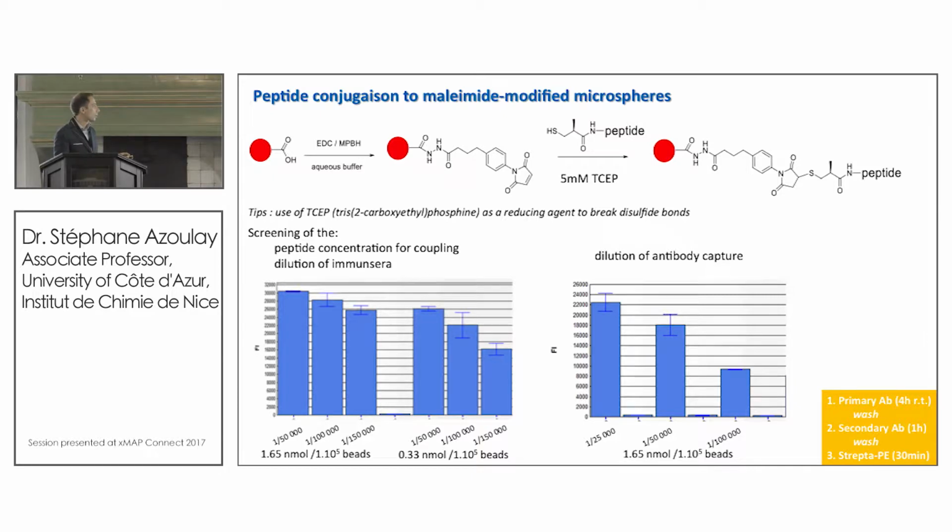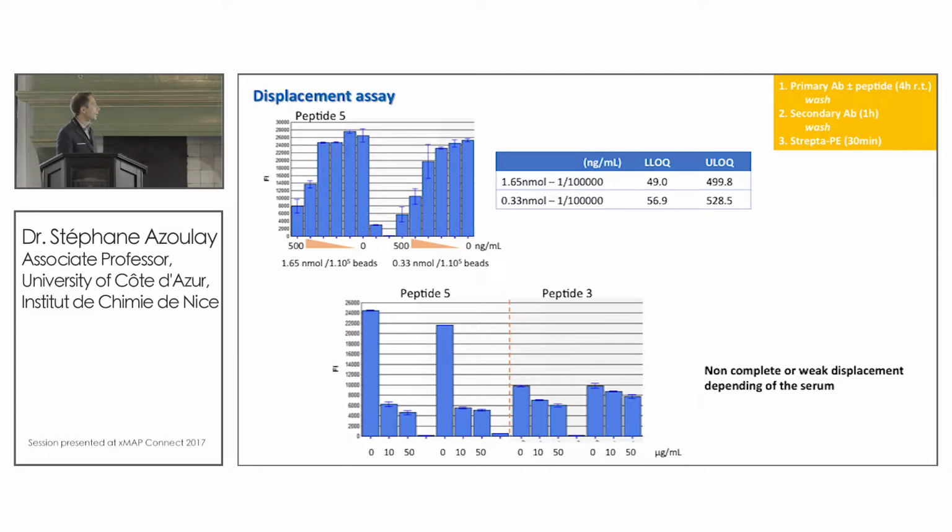We had a nice fluorescence intensity without peptide, because as we work in competitive format, the more fluorescence there is, the less peptide there is. We rapidly tested some displacement assays to see if everything was working.